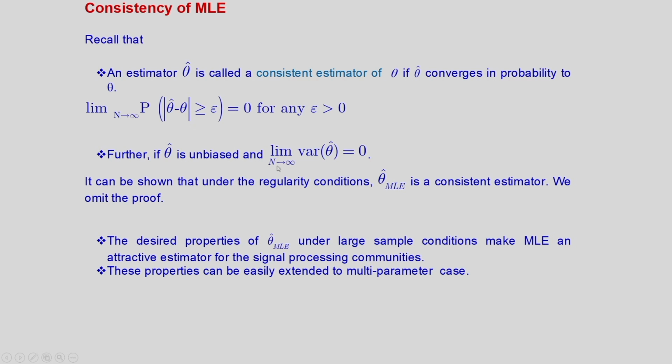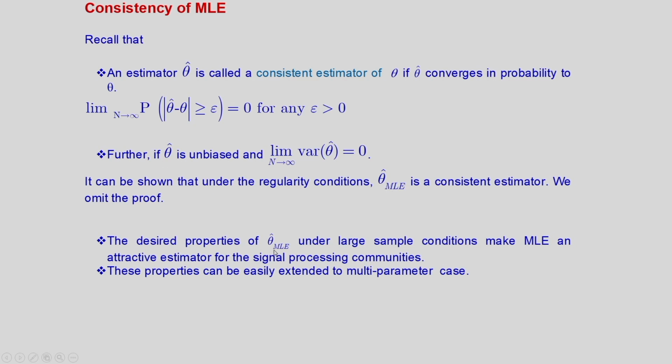So, we can show that it satisfies this property: the limit of probability of mod theta hat minus theta greater than or equal to any epsilon as n tends to infinity will be equal to 0. But we will omit this proof; what we claim is that theta hat MLE is a consistent estimator under some regularity conditions, but those regularity conditions are satisfied in practice.